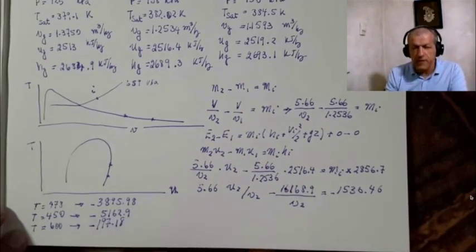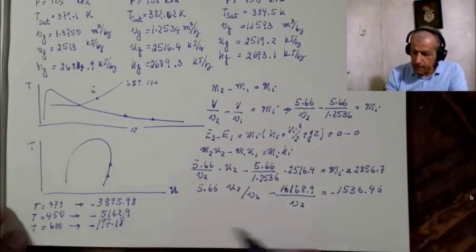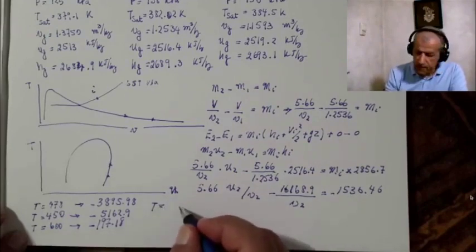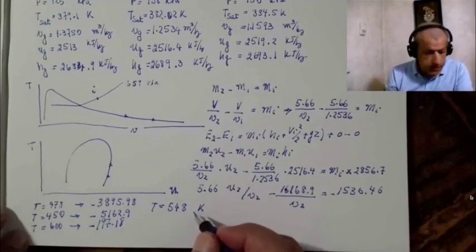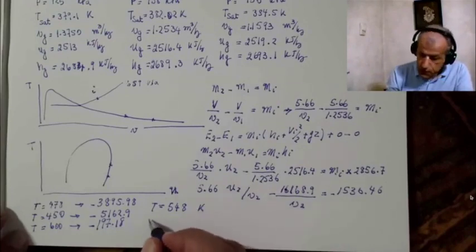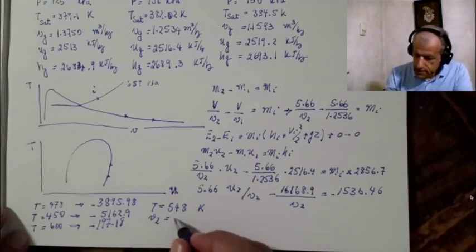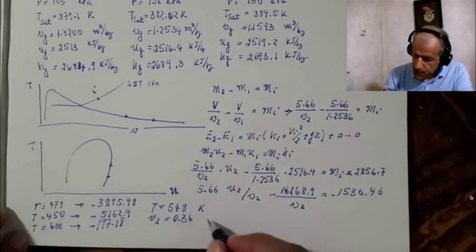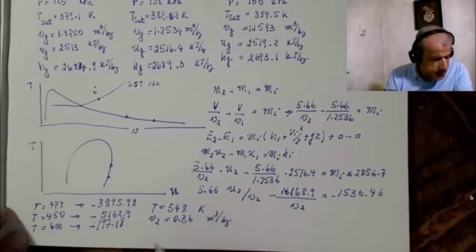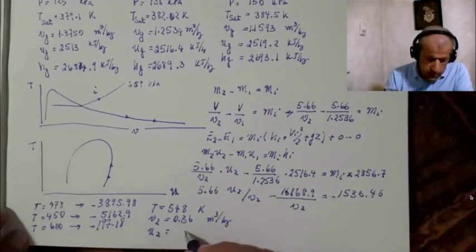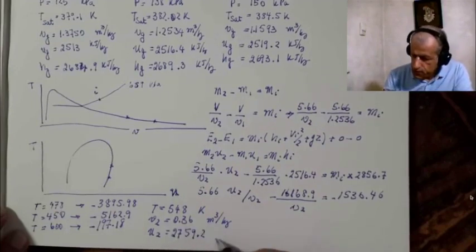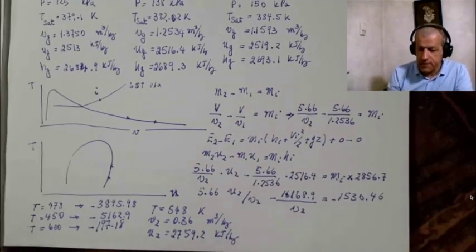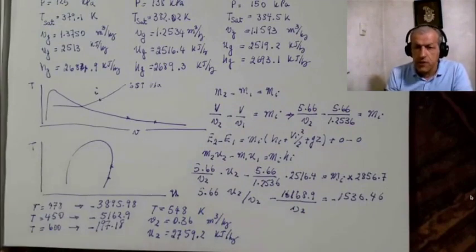So it's something between 450 and 600, and what I ended up with was T equals 548 kelvins, which resulted in V2 equal to 0.36 cubic meters per kilogram, and U2 equals 2759.2 kilojoules per kilogram.